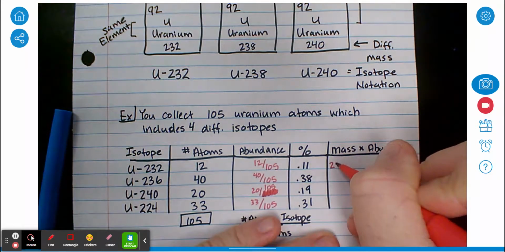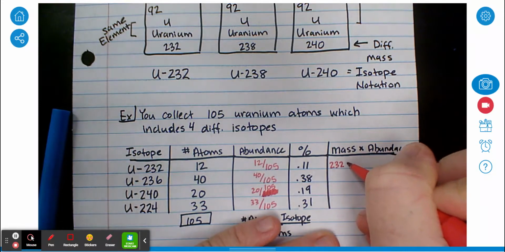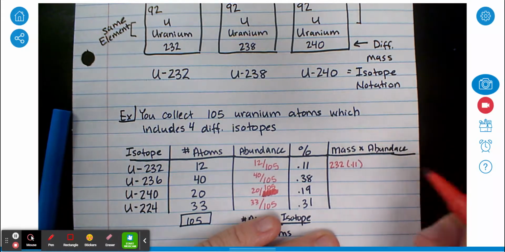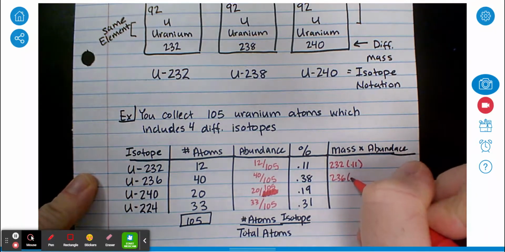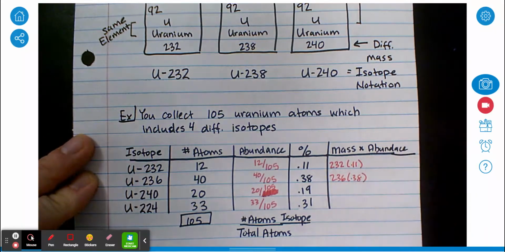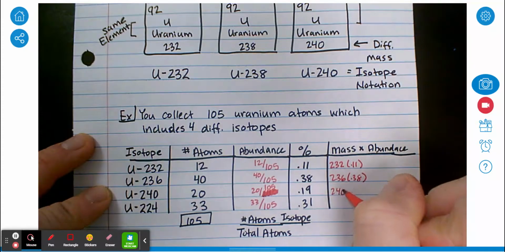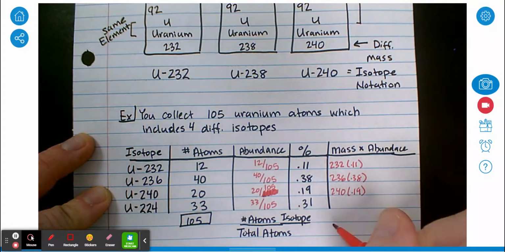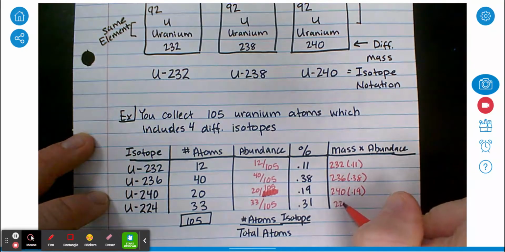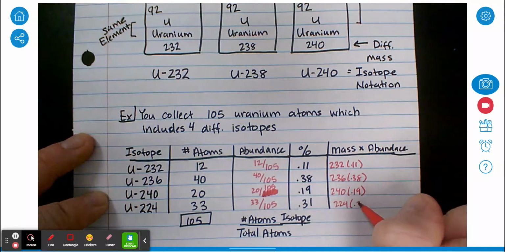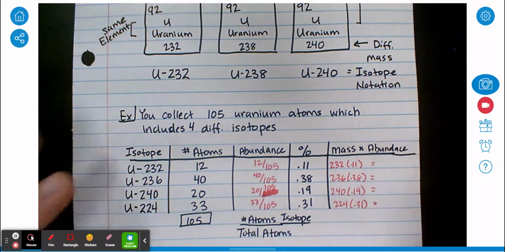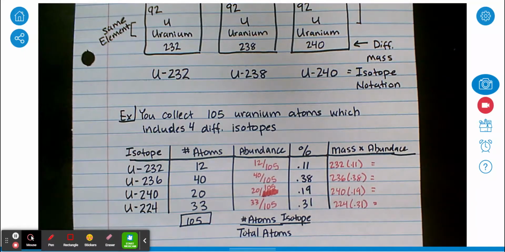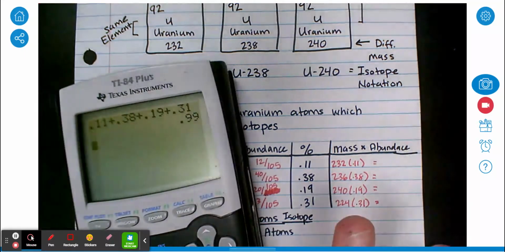So this is 232 times 0.11. This is 236 times 0.38. This is 240 times 0.19. This is 224 times 0.31. I'm going to put all of those in my calculator.